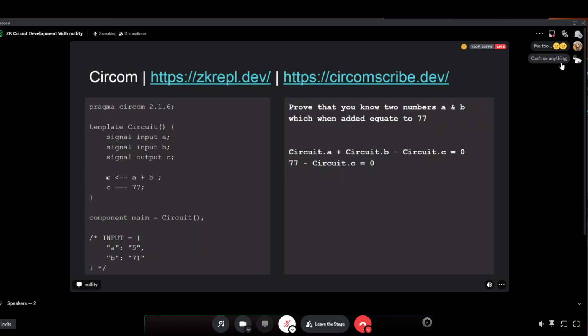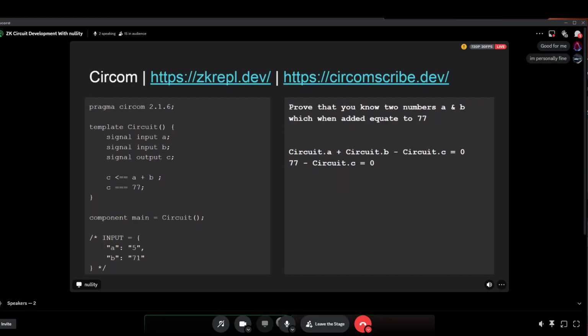The next thing is we are adding A and B, and we are assigning it to C and also constraining it to C. Now, this word constraining, constraints, under-constrained, is used a lot in the ZK circuit building space.